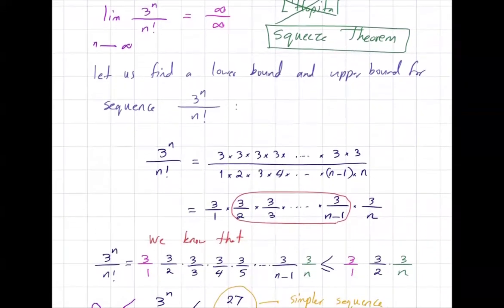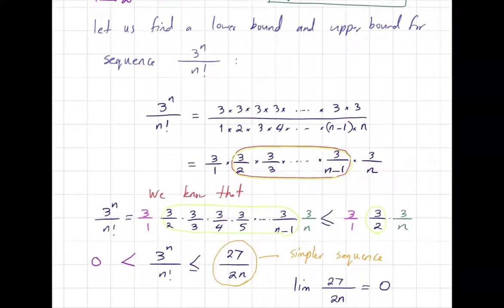But we just showed that the middle term here, this multiplication, is less than or equal to 3 over n. Since this is less than or equal to 3 over 2, you can show that if you multiply both sides by 3 over n and 3, it is true as well.